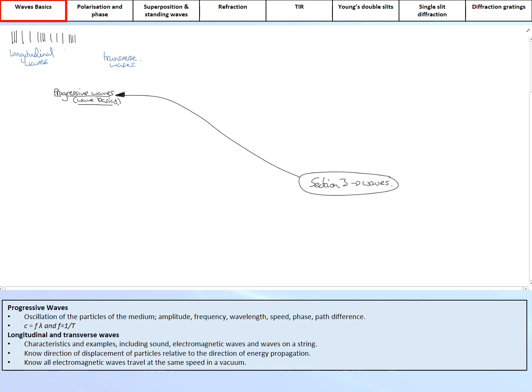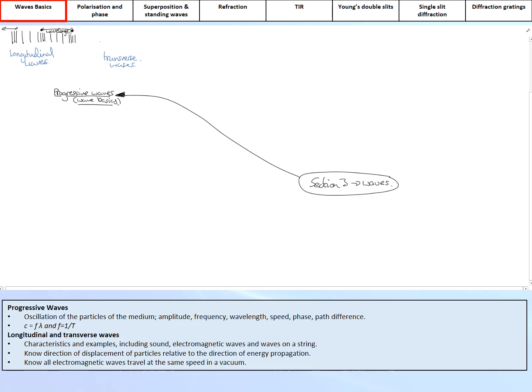A bit like rings on a slinky, when you push a slinky forwards and backwards, so the oscillations of the rings are in this direction, then you get a wave transmitted, and bits of the slinky are close together and bits of the slinky are further apart. The distance from one part on the wave to the same part on the next wave is called a wavelength.